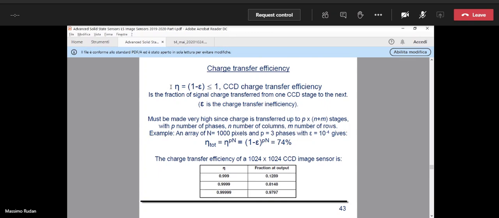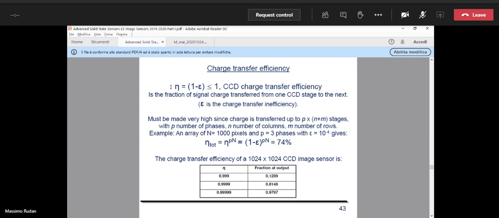If we call eta the fraction of charge that is transferred from one, here it is called stage. The stage is the depleted region under a gate into the next one, okay?